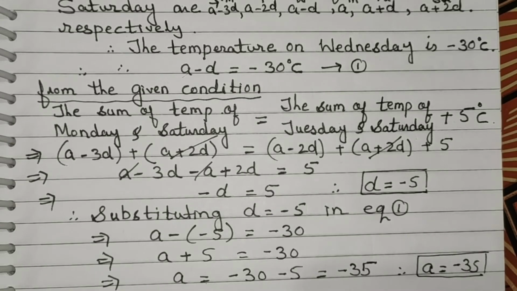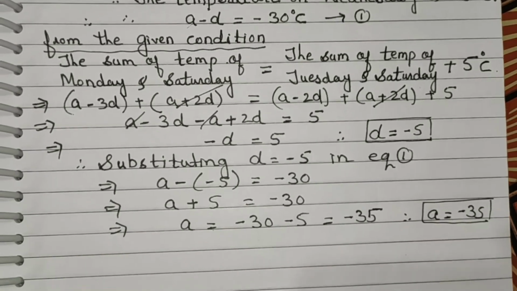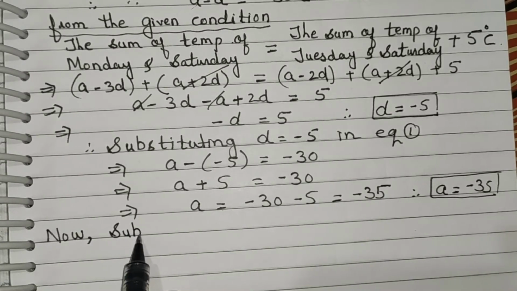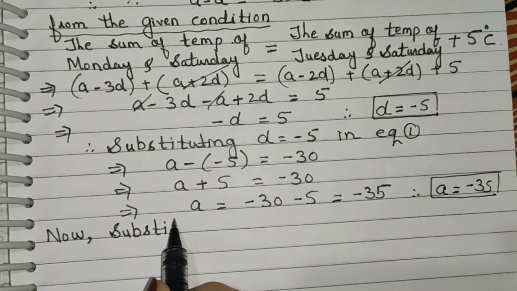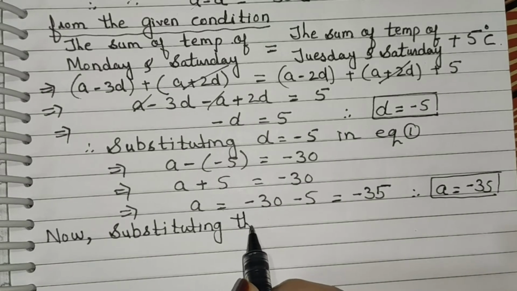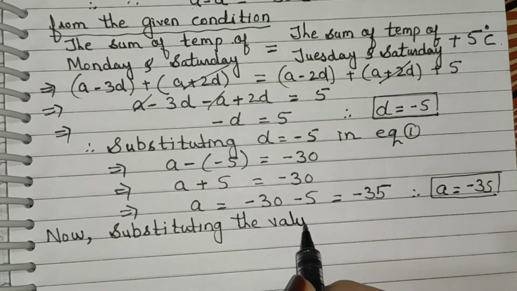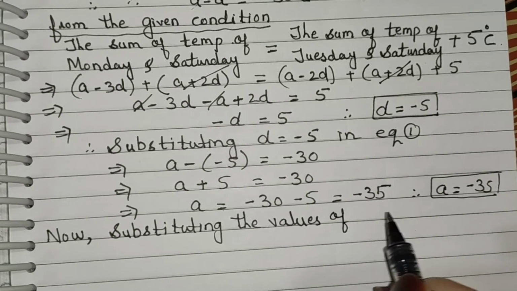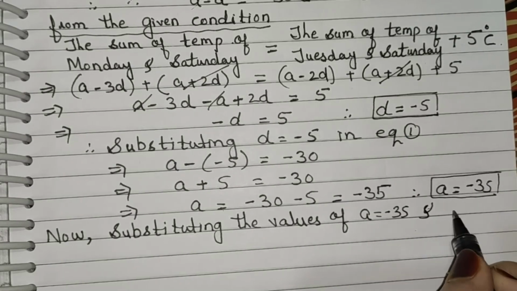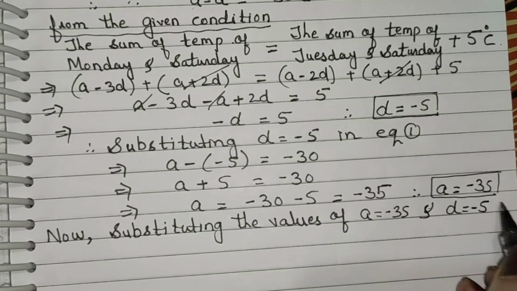Now substituting the values of a is equal to minus 35 and d is equal to minus 5.